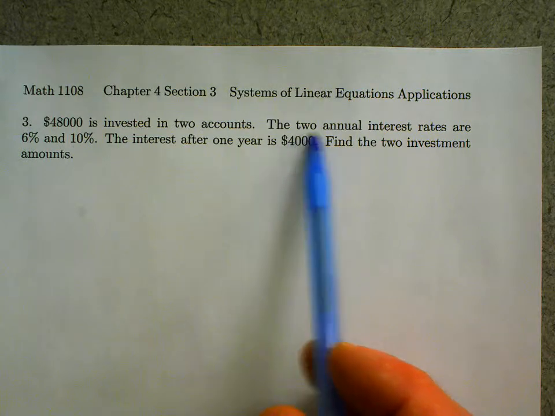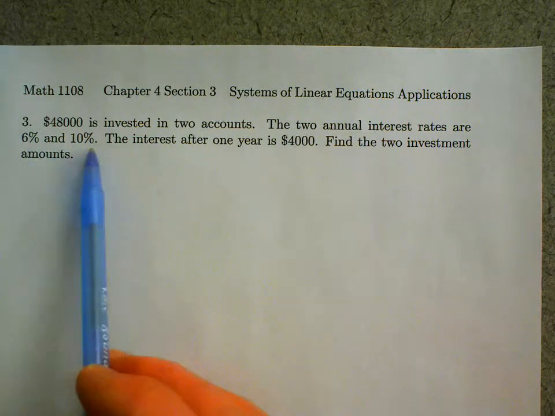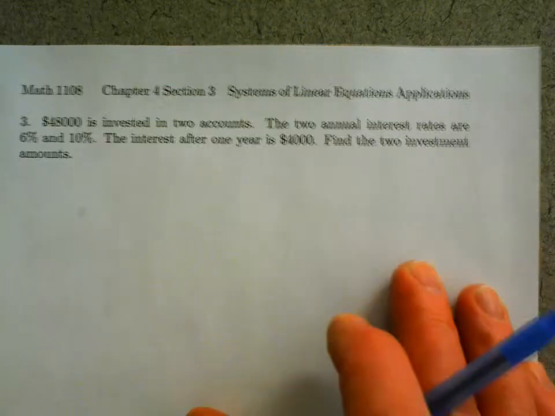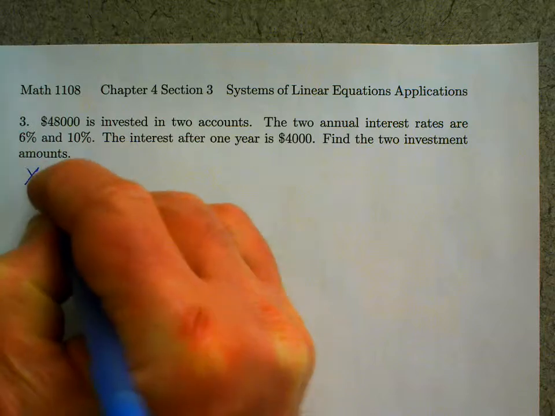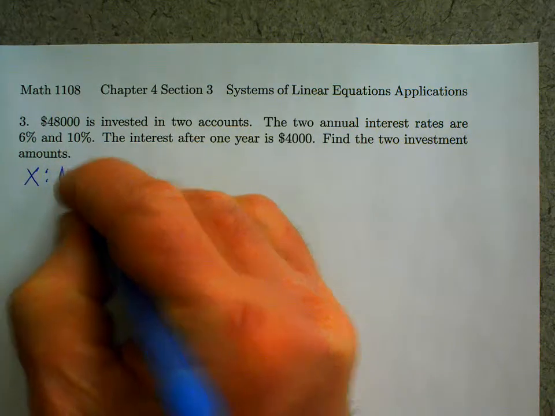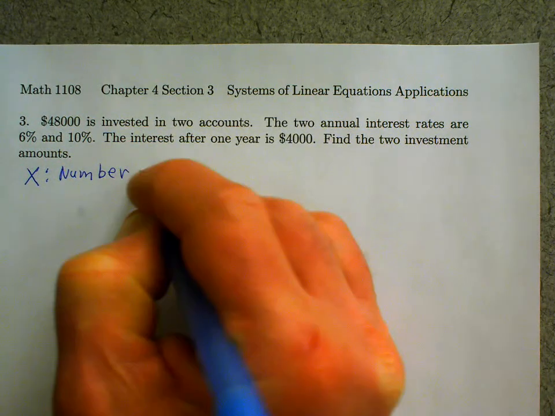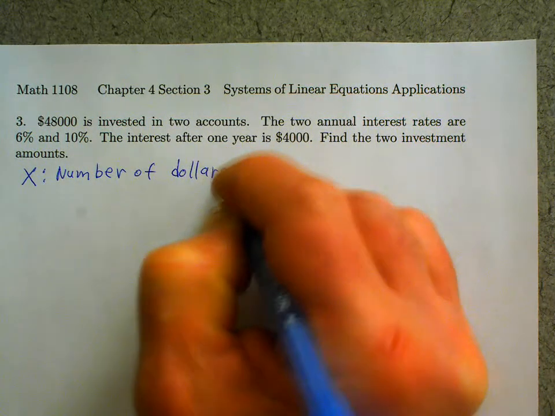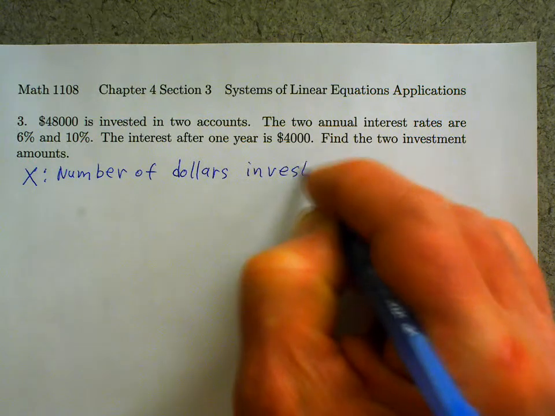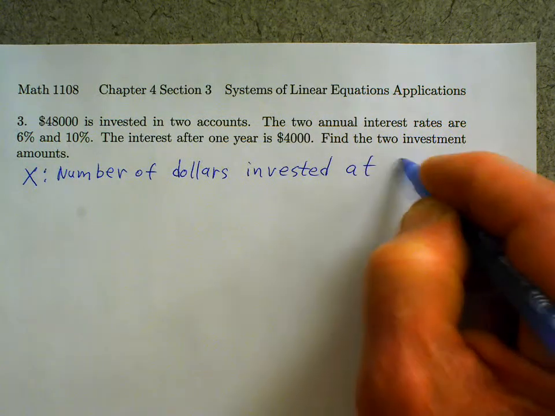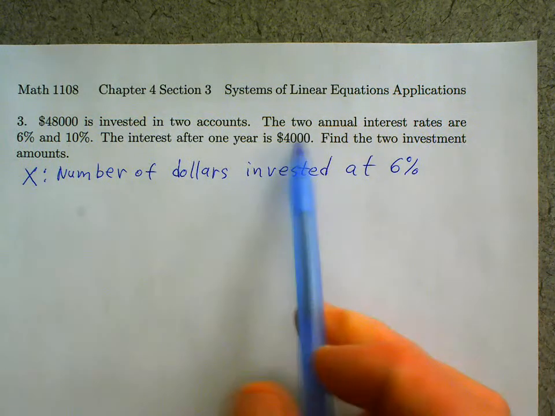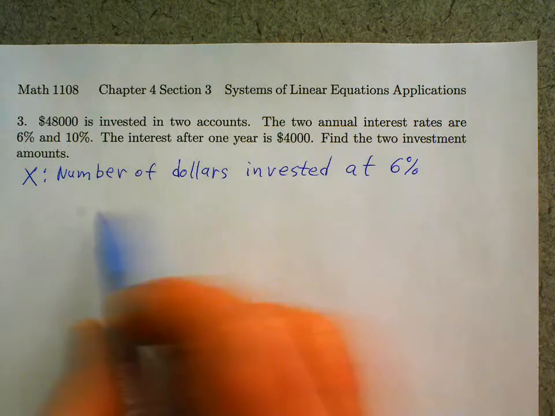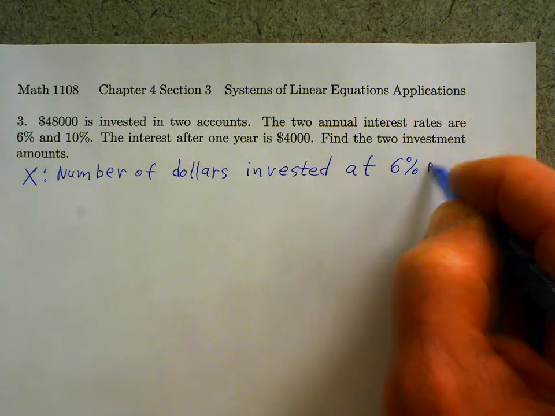The 2 annual interest rates are 6% and 10%. So we can assign X to be the number of dollars invested at 6%. And this time we're explicitly told that it's an annual interest rate, so at 6% per year is what that means.